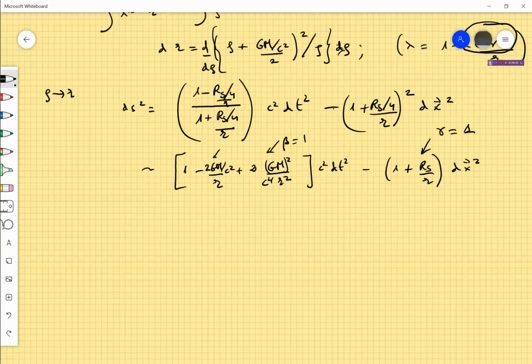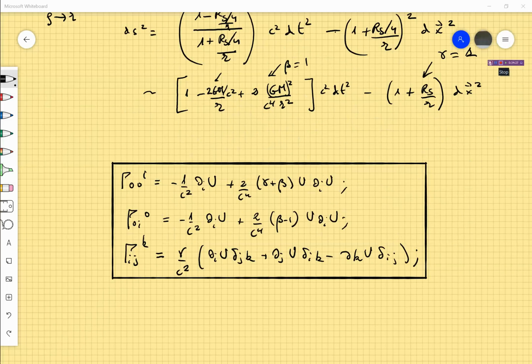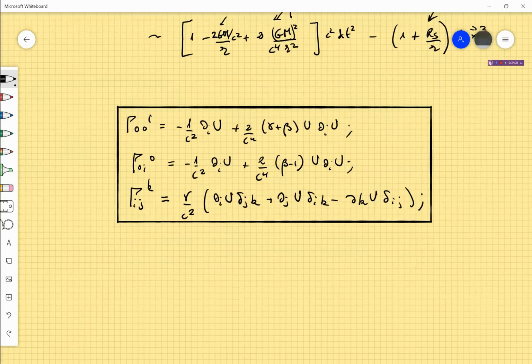This is a straightforward calculation, so I will just quote the result that is given in the lecture notes, and this is the result for the non-vanishing components. As you see, gamma 0,0,0 and gammas with 2 spatial components and 1 time component vanish, at least to the order that we are considering in 1 over c. Okay, this simplifies somewhat all the calculations.